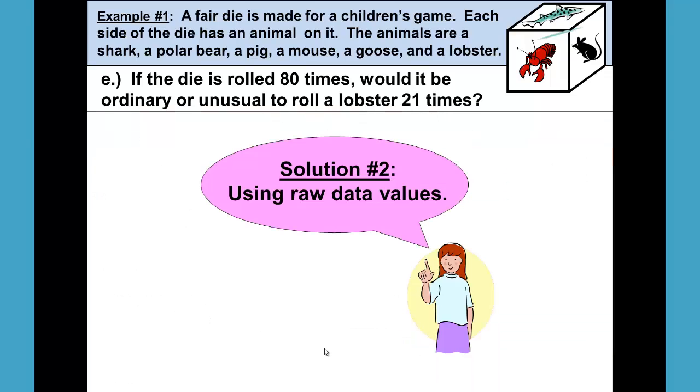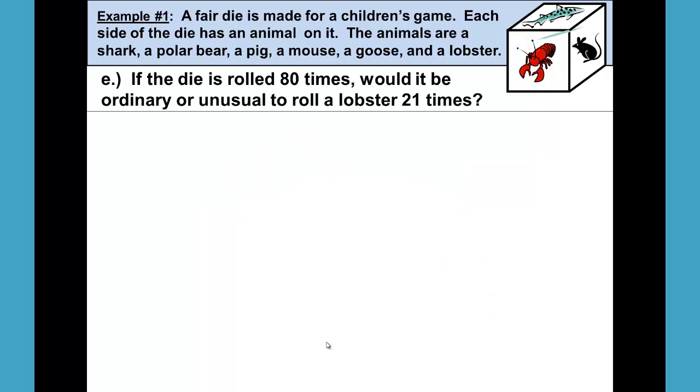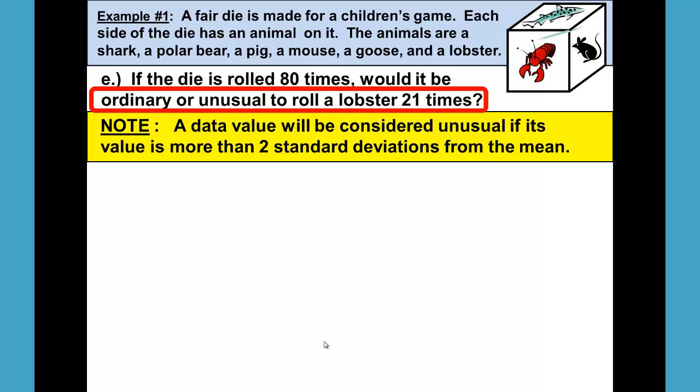We can also use the raw data values. Is it ordinary or unusual to roll a lobster 21 times? Again, if it's more than 2 standard deviations away from the mean, it's unusual.